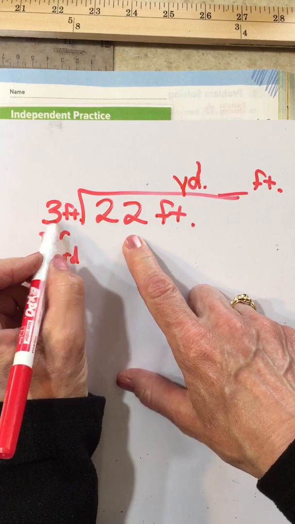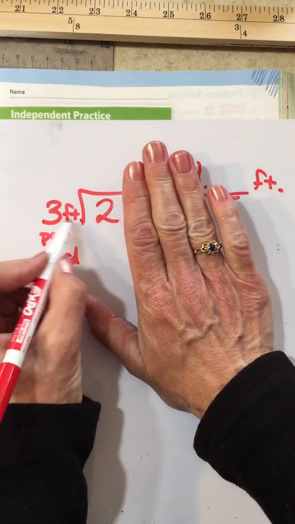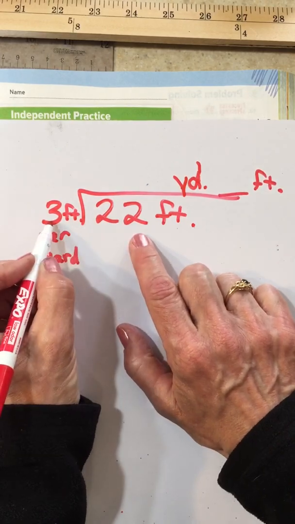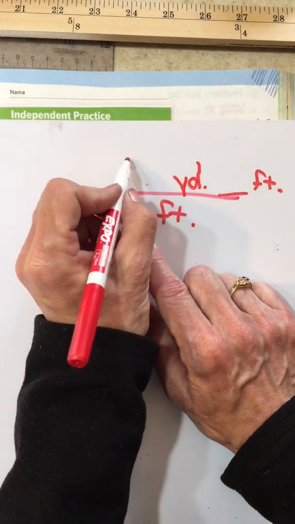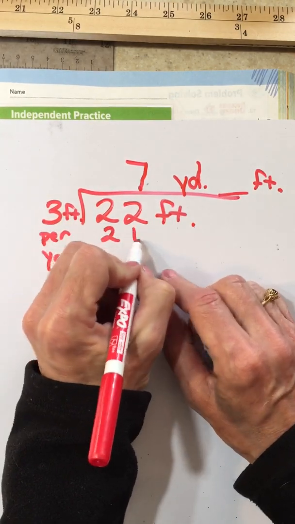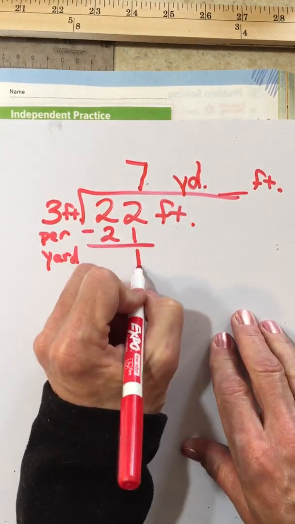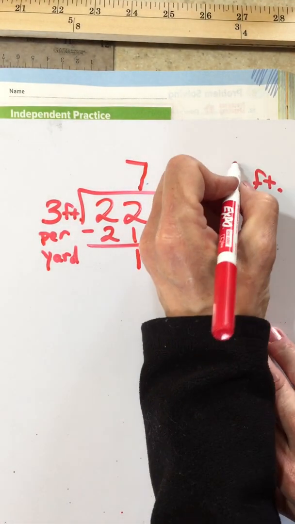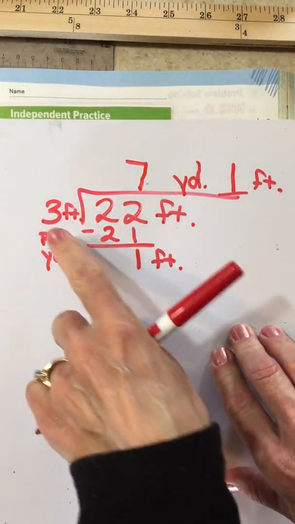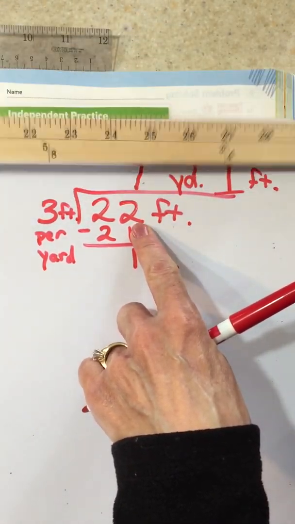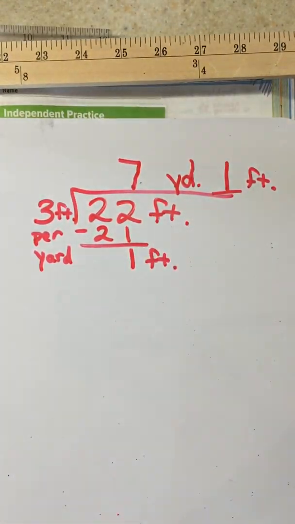Here we go. 2 divided by 3, you cannot do that. But 22 divided by 3, what would that be? How about 7? 7 times 3 is 21. When you subtract, you have 1 foot left over. And that goes here. So if I had 22 feet, I would have 7 yardsticks and 1 foot left over.